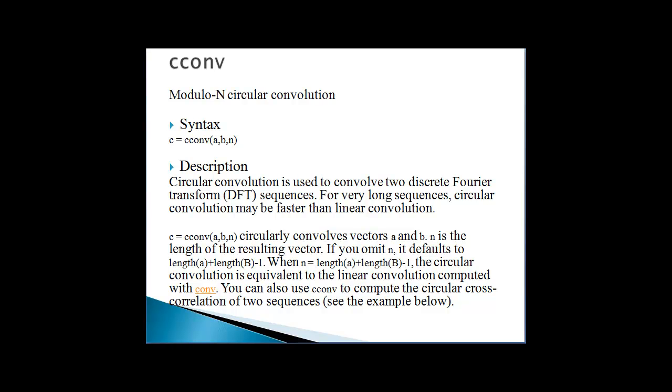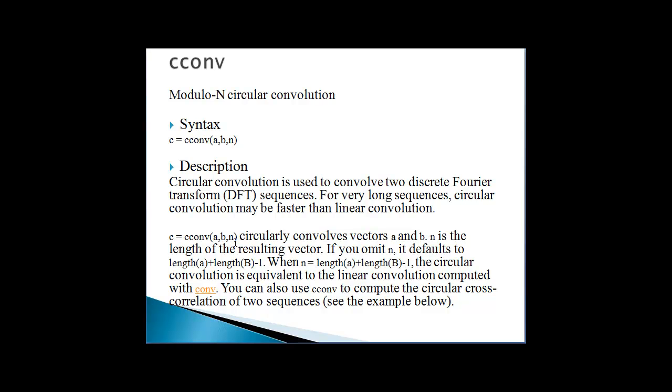Now let's see modulo circular convolution, that is cconv(a, b, n). This circular convolution is used to convolve two discrete Fourier transforms, that is two DFT sequences. Now for very long sequences, circular convolution may be faster than linear convolution.